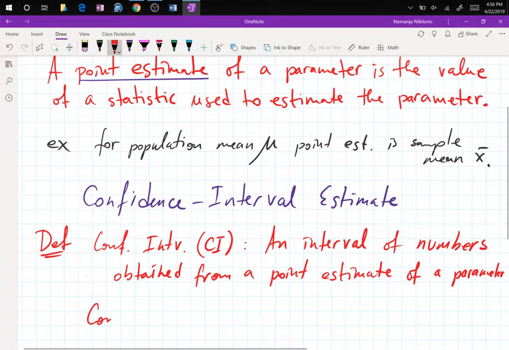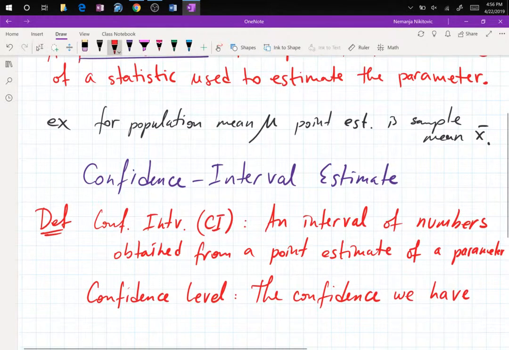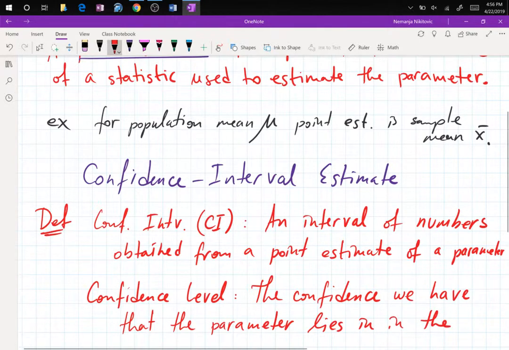Confidence level is the confidence we have that the parameter lies in the confidence interval.